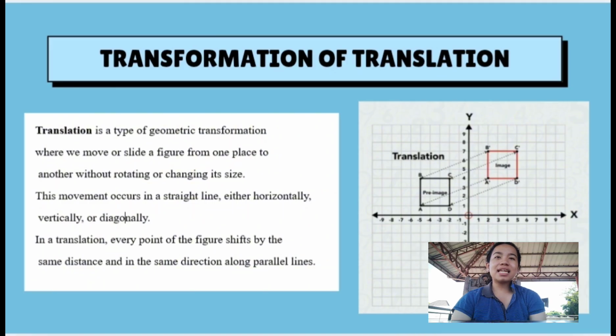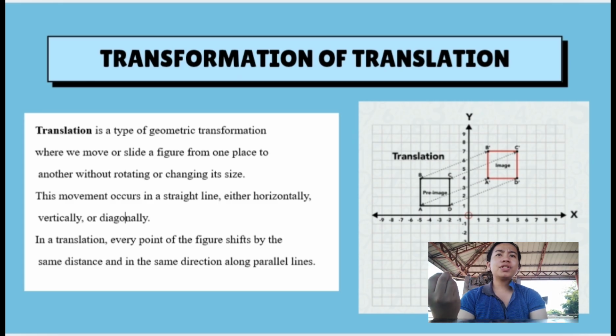And as we can see in the figure, as the pre-image is now being translated to the other quadrants, its original coordinates are also moved because it is located in a Cartesian plane. So there are coordinates involved.